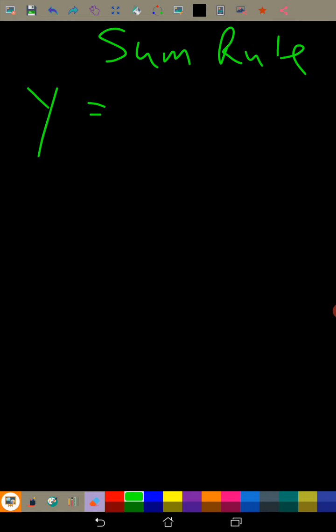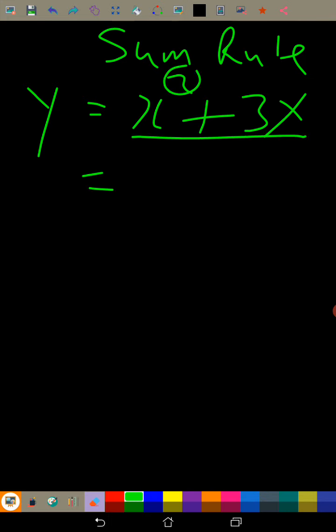So that was the power rule. Now let's just try the sum rule. Sum rule is when you have two things. Let's say we have y is equal to x squared plus 3x. So we have two things here. We cannot add them up because they have different powers. They are not the same thing. They are not at the same power.